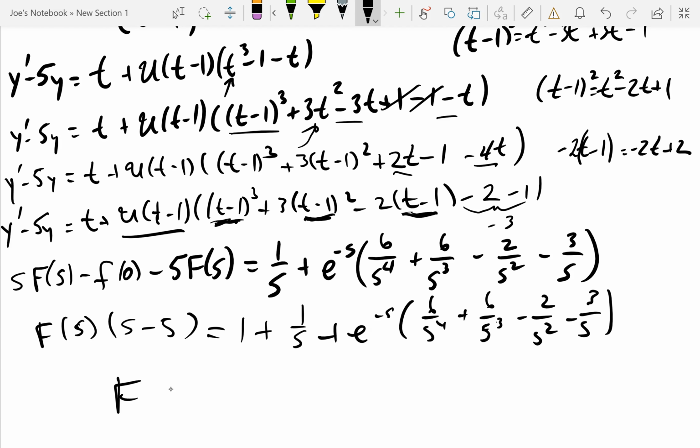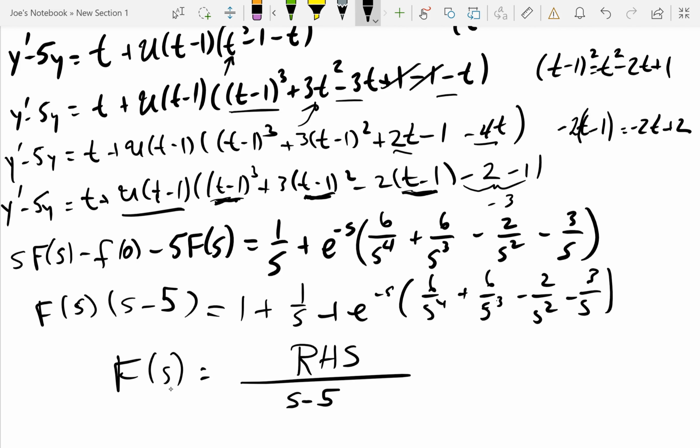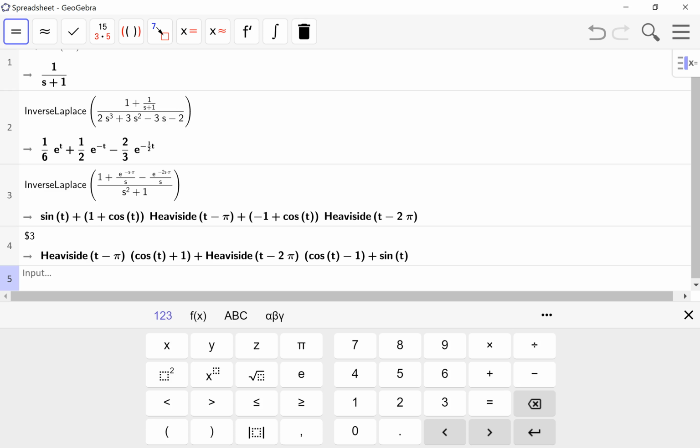All right, so then f of s will equal the right-hand side over s minus 5. Let me rewrite this over here so you can actually see the 5. So we need to type in the right-hand side all over s minus 5 in GeoGebra. So let's go do that.